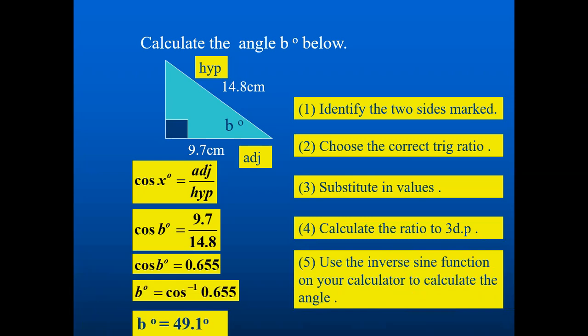So the first thing we do is we identify the sides, right? We choose the correct ratio. We substitute in the values. We calculate the ratio to 3 decimal places. Then we use the inverse function on our calculator to find the angle. We cool? Yes, sir.